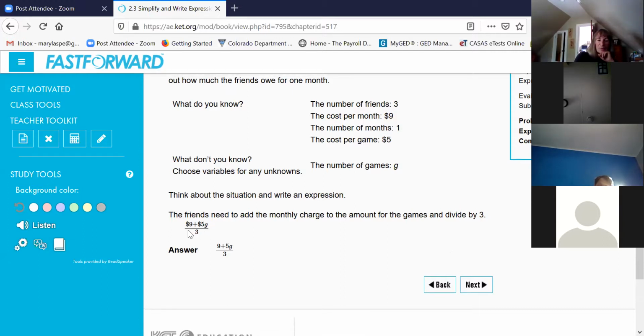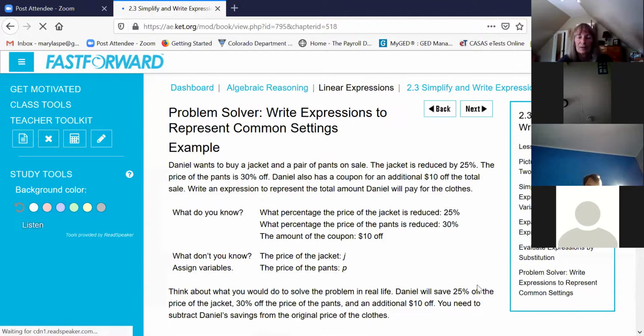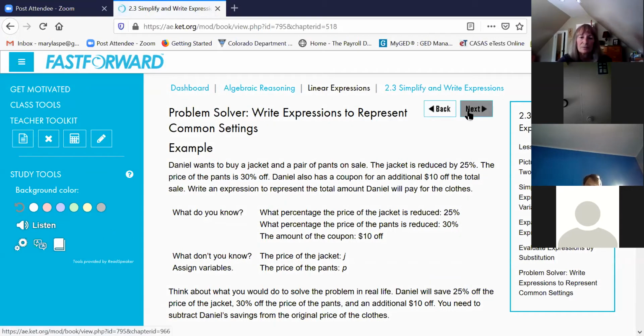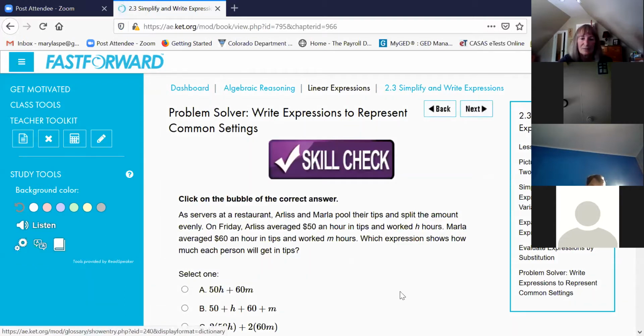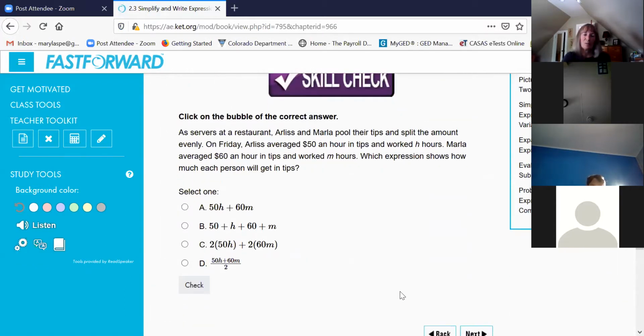And then they're going to split it between 3 of them, so they get to divide that amount by 3. I'm going to let you guys puzzle on this one for a minute.